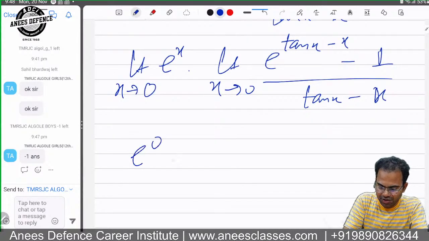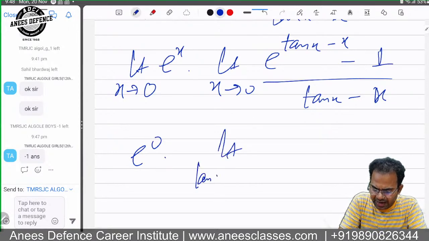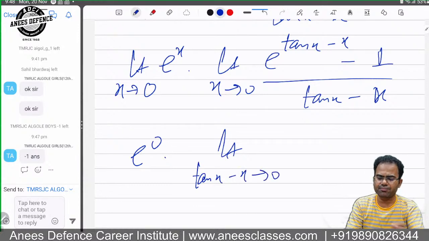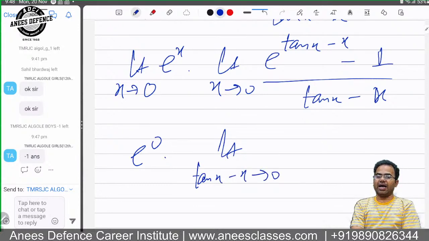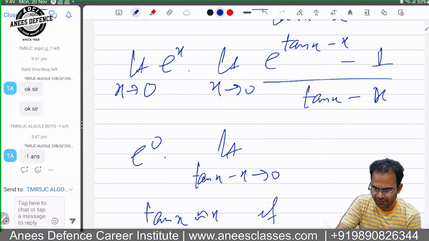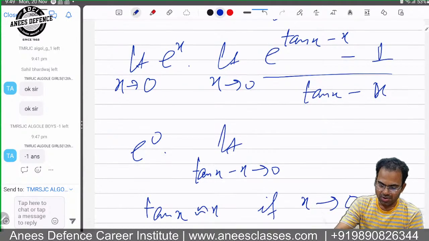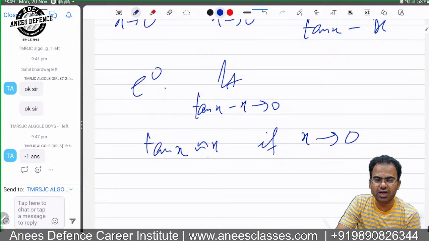It is e to the 0 into, if I have x tends to 0, we can write tan x minus x tends to 0. Okay, if I have x tends to 0, so I have tan x approximately equal to x if x tends to 0.